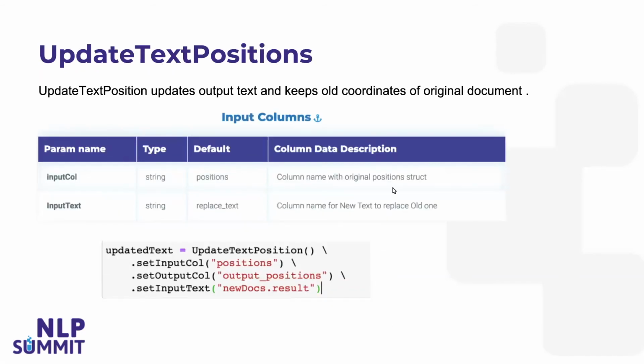Another transformer, update text positions, is needed to implement obfuscation while keeping formatting. This transformer is used for obfuscation of PDF documents.